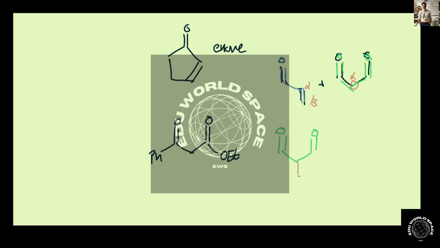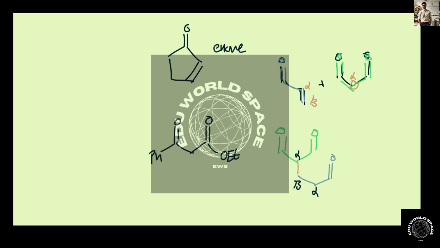Now, I'll say this is the beta carbon, this is the alpha carbon, this is our carbonyl carbon, and this is our double bond to oxygen. So this is alpha, this is the alpha of our diketone, this is the beta of our enone, this is the alpha of our enone.